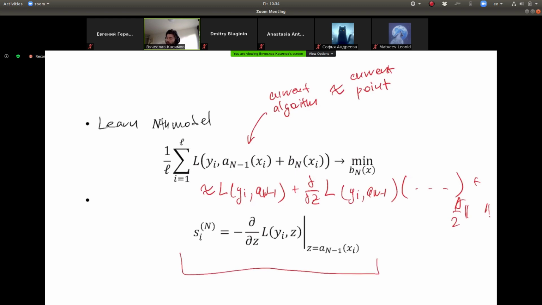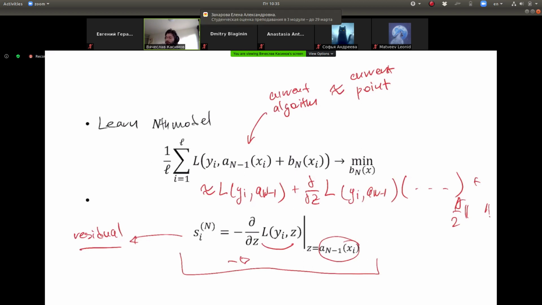In terms of residuals, we define this guy to be the residual. It will be just the negative gradient of the loss at which point? At the point of our current algorithm, which we can already output from our ensemble. So we just modify our loss in that way, and that's all.